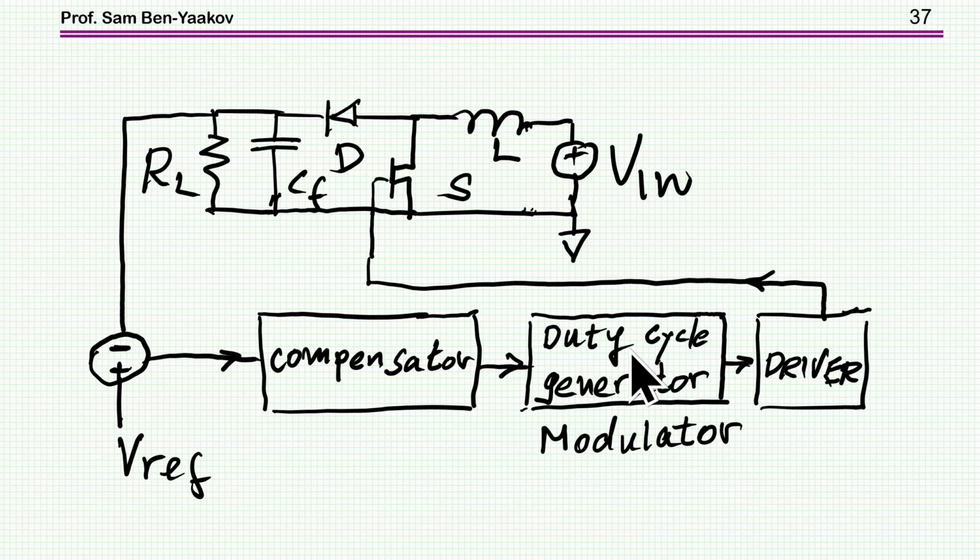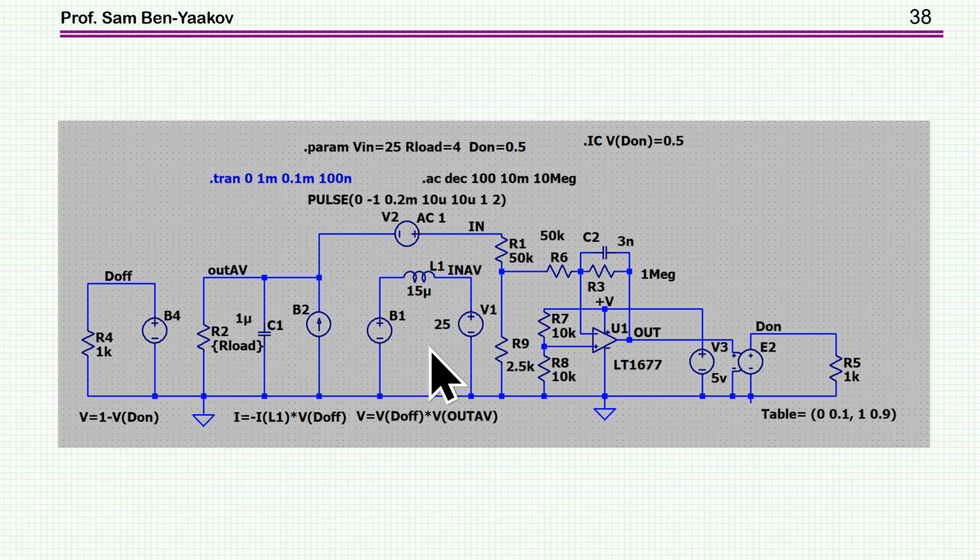So in closed loop, what I'm going to have is sensing the output. Here is the compensator, and then this is the duty cycle generator. In CCM it's simple, in DCM it's a little bit more complex, and then we have a driver to the transistor. So here it is, what I came up with, and what I see here is this is the boost converter, and here is the compensator.